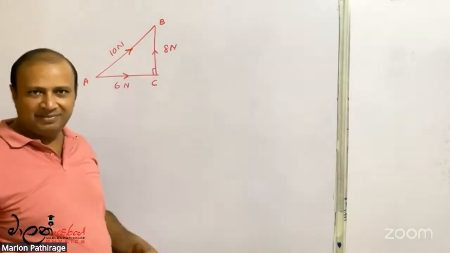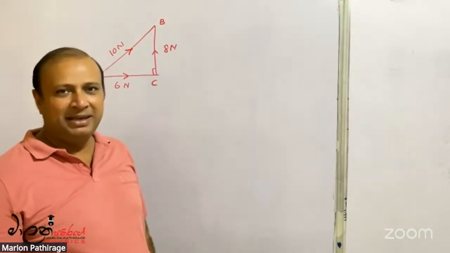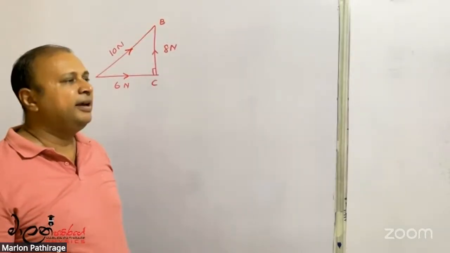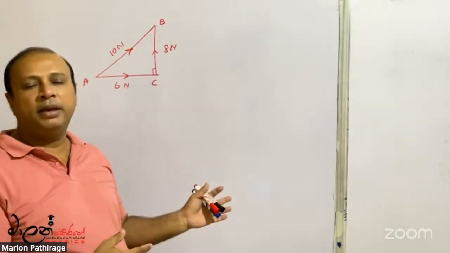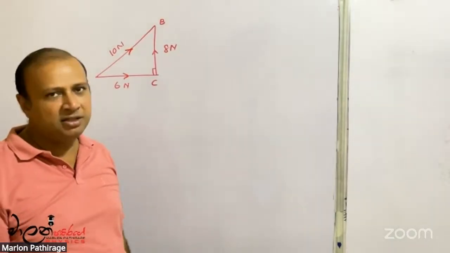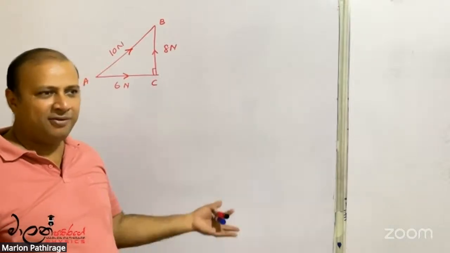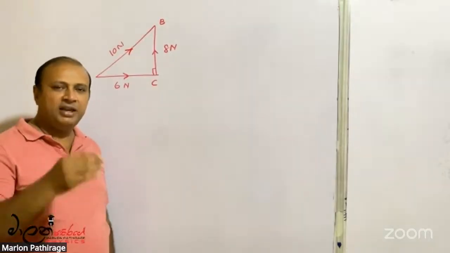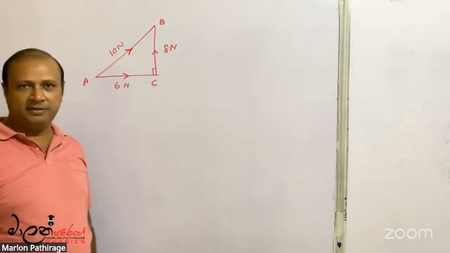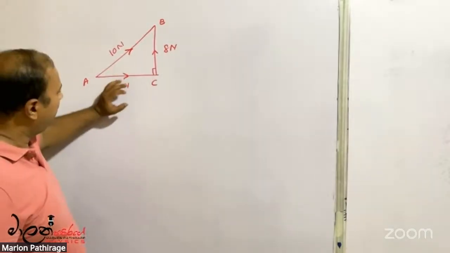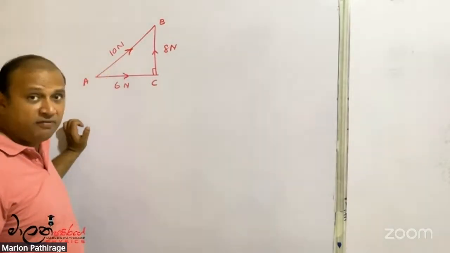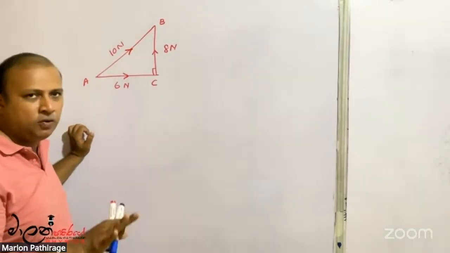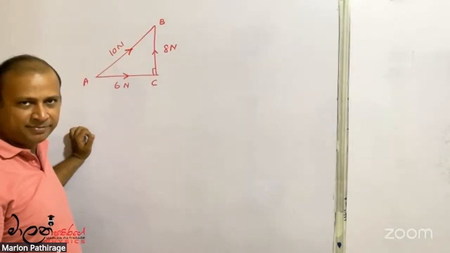Sometimes you may be given a vector system using direction only, and in such cases we cannot use this method. To use it, the given vectors should be represented in both magnitude and direction.